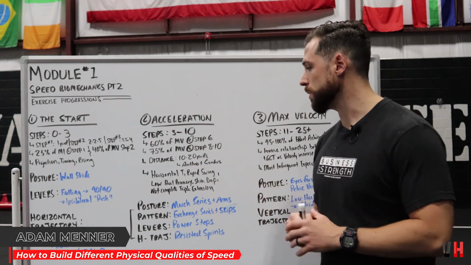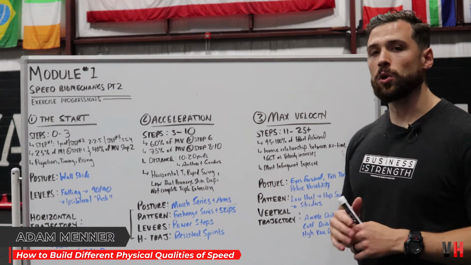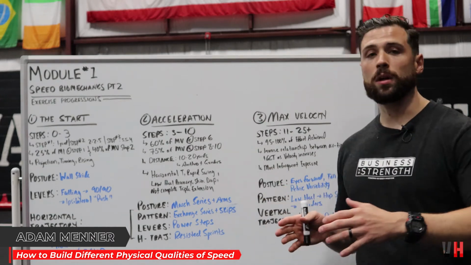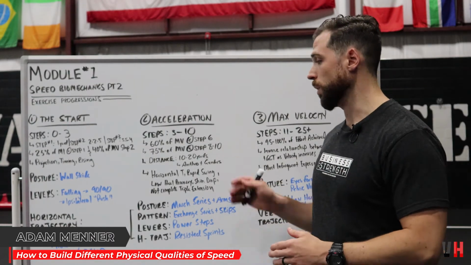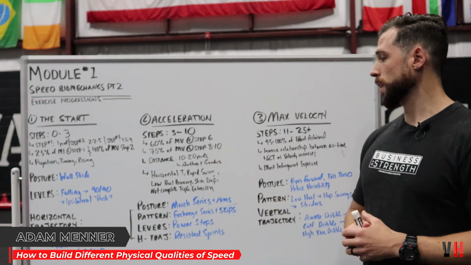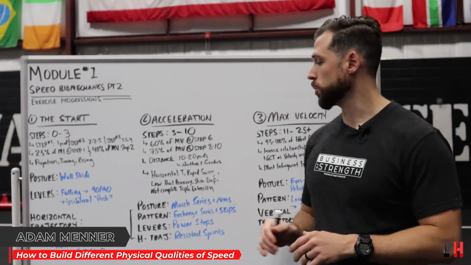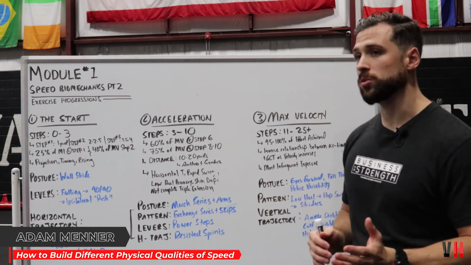The distance here between 10 and 20 yards, again, this is all dependent on anthropometrics, the gender of the individual, and all of the different factors that play with those. Here are some of the key KPIs that we're looking for in regards to the technicality of this sprint. We're looking for horizontal trajectory still.